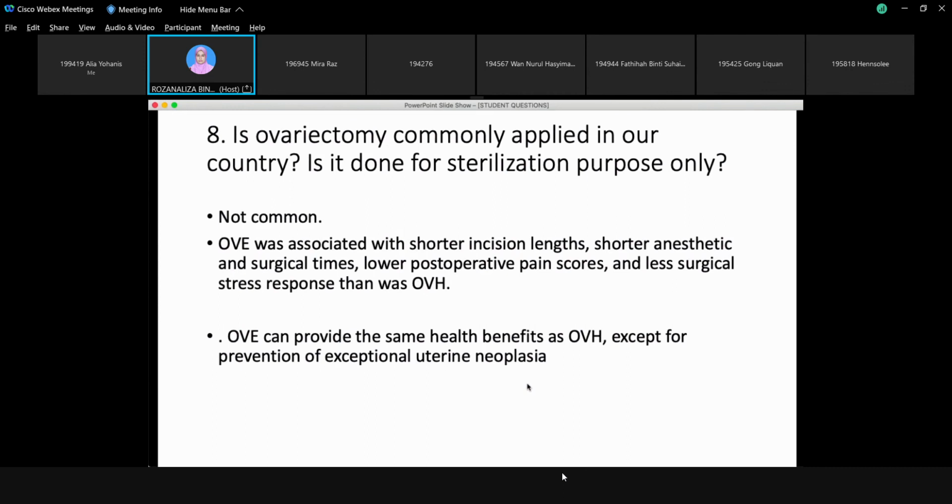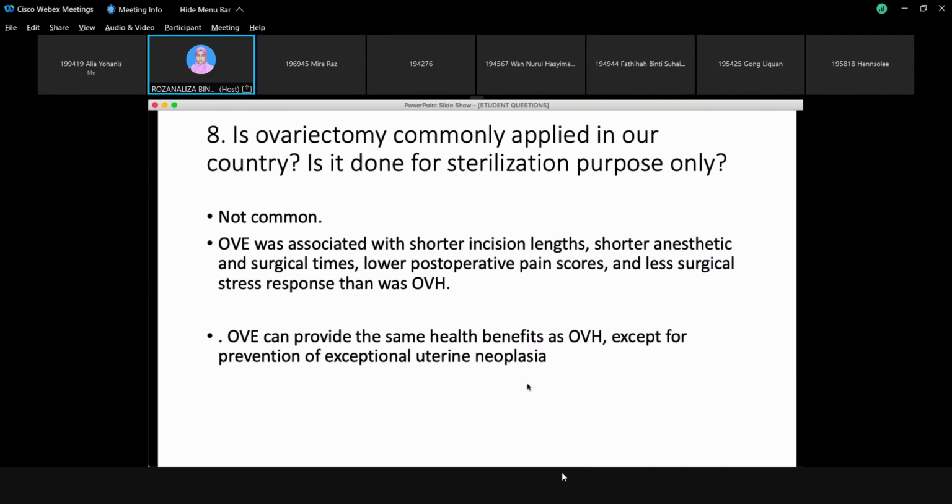Question number 8: is ovariectomy commonly applied in our country? It is done for sterilization purpose only. So in Malaysia, or I would say in UVH, I'm not sure what is happening outside in private, we are not doing OVE except for research purposes.